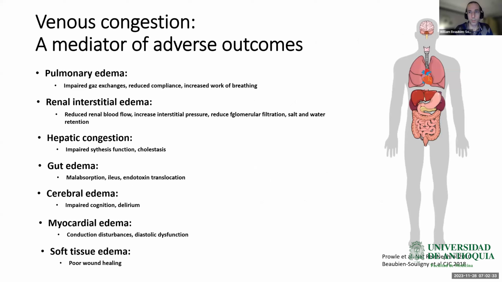So we can see complications, both in outpatients and inpatients, if they develop some component of venous congestion. And we think that is a mediator responsible for a lot of the complications we see in our patients.